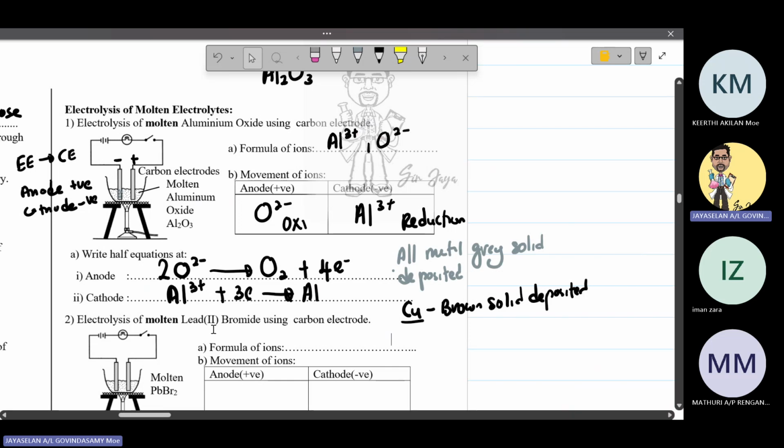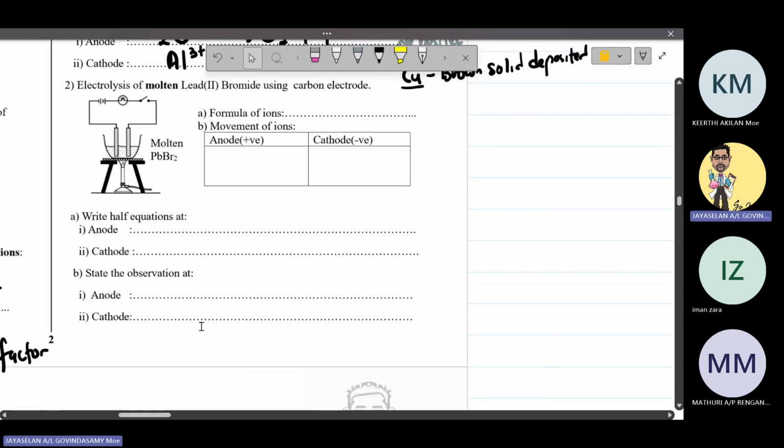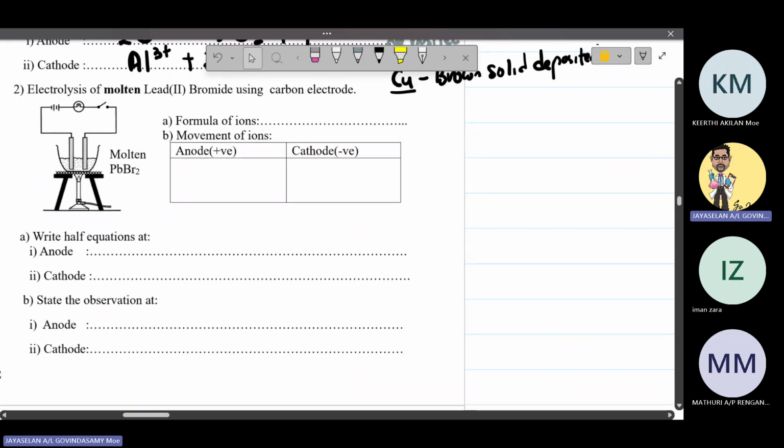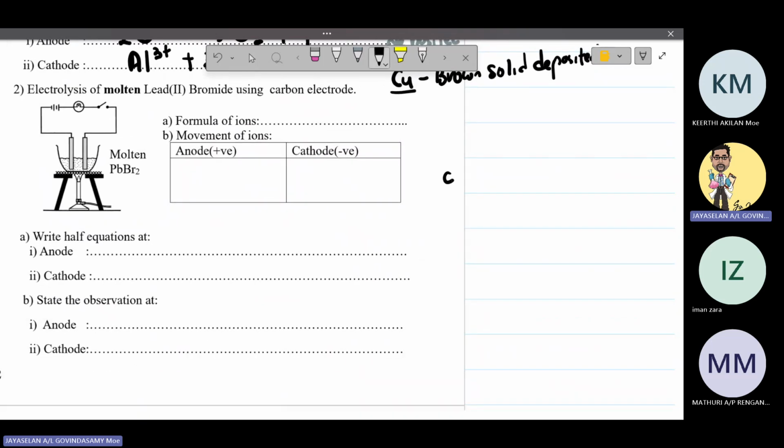Okay, so I think most of you already copied. Now your task, do this. Saya tambah soalan C. State the oxidizing agent. Oxidizing agent undergoes reduction. Agen pengoksidaan mengalami reduction, right? Oxidizing agent, which one is your reducing agent?